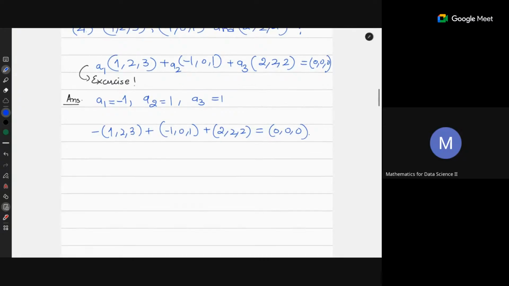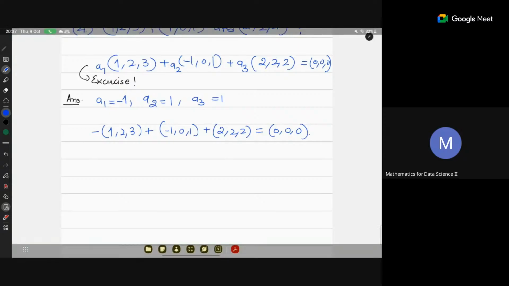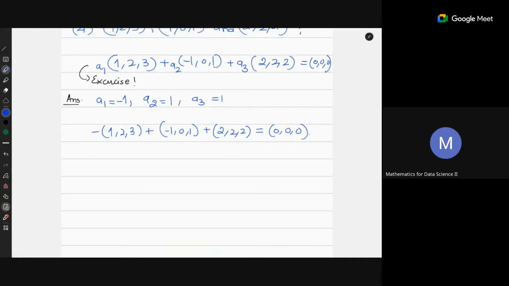So what happens over here is that you can verify that the sum of these 3 vectors will be equal to 0. Now you can also think of it like this: the sum of the last 2 vectors, you can take 1, 2, 3 on the right hand side. So you will get 1, 2, 3.